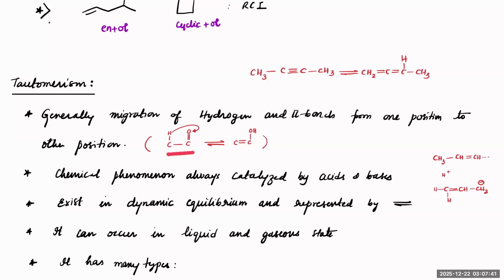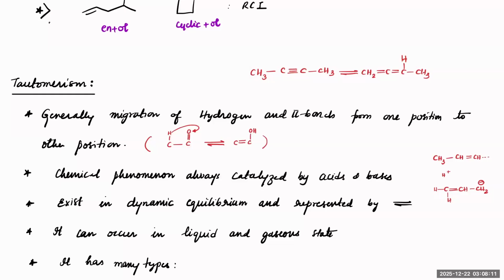For example, in the ketone, in case the next carbon of the ketonic function has a hydrogen and that hydrogen is moving here, then the pi bond is moving here. In that case, this is called enol. So ketone and enol is also making tautomerism. And this phenomenon will be much more enhanced or catalyzed in acidic medium or in basic medium.